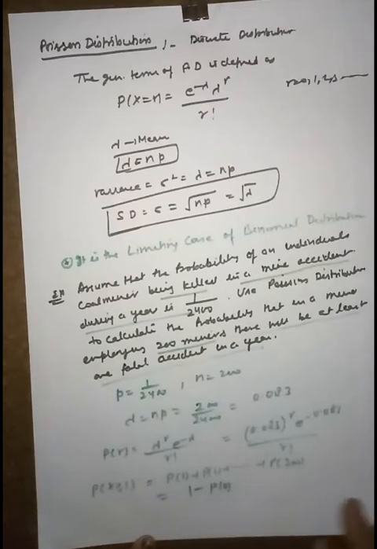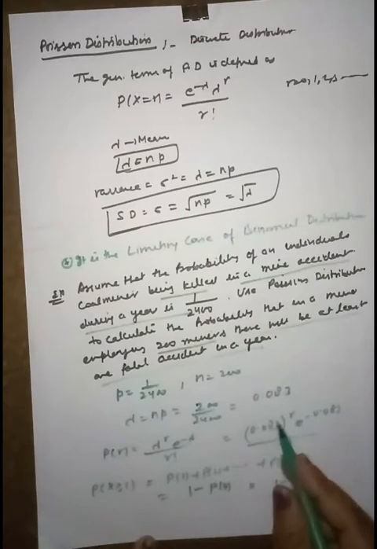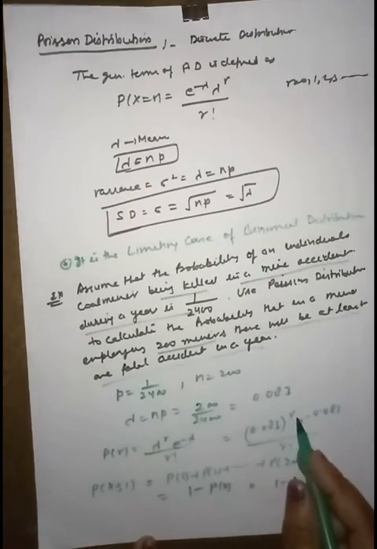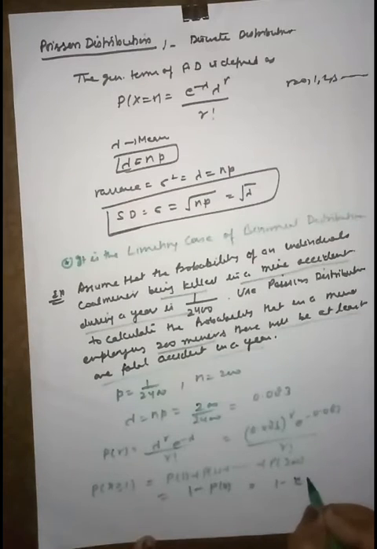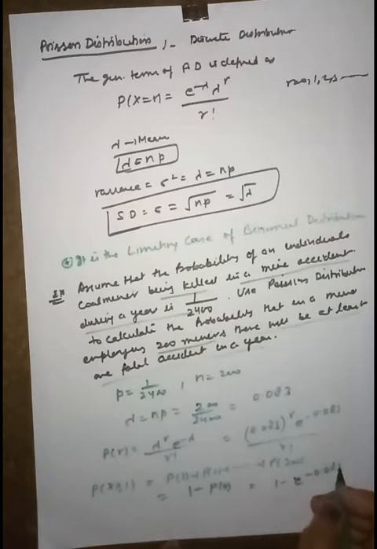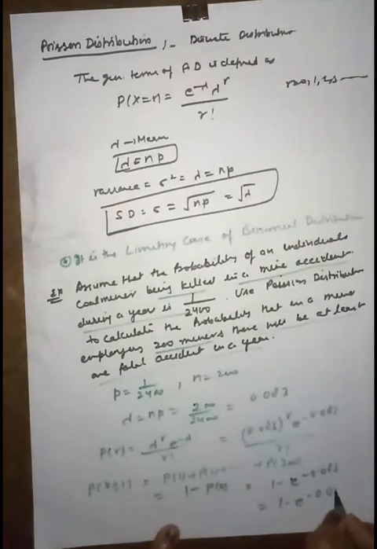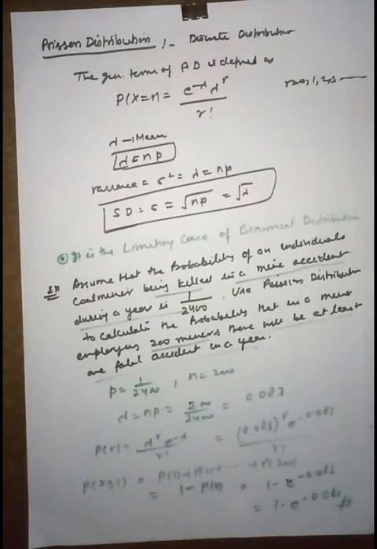Now put in the value of P0, taking r equal to 0. 0.083 to the power 0 is 1, and e to the power minus 0.083 upon 0 factorial, which is 1. You can solve this, or leave it here, and this is your final answer.